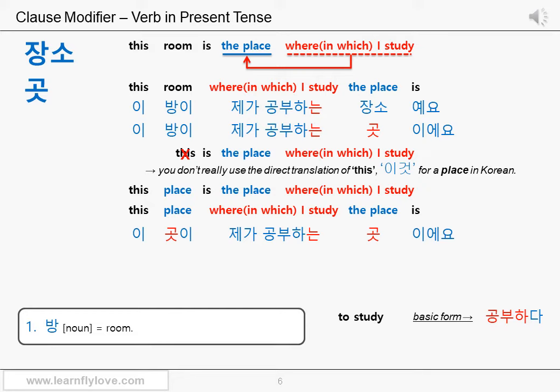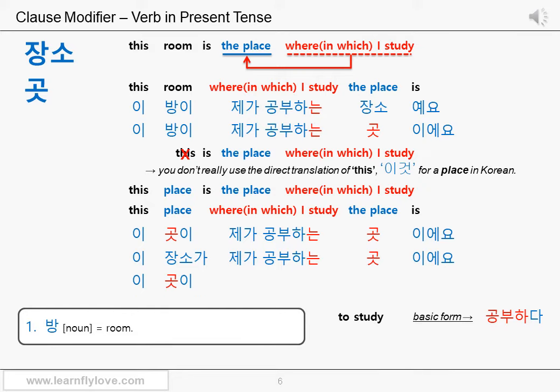Okay? However, as it sounds a little bit weird to use the same noun twice in the same sentence in English, it doesn't sound so smooth to use the same noun in the same sentence in Korean either. So just try to avoid using the same noun in the same sentence. You can actually use any place-related word interchangeably. For example, this place, 이 장소가, where I study, 제가 공부하는, the place, 곳, is, 이에요. 이 장소가 제가 공부하는 곳이에요.